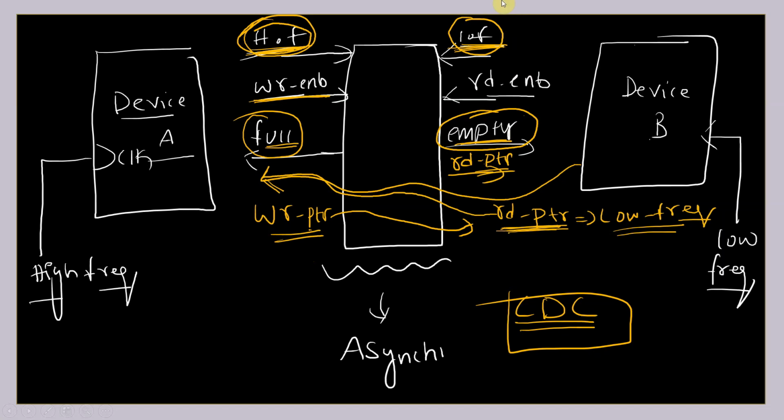So that read pointer information should be passed from the device B clock domain to the device A clock domain. In this clock domain crossing, I will face a few problems, and the solutions for them have been discussed here. Okay, so that's about this session.